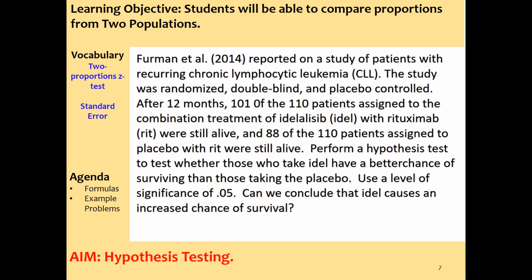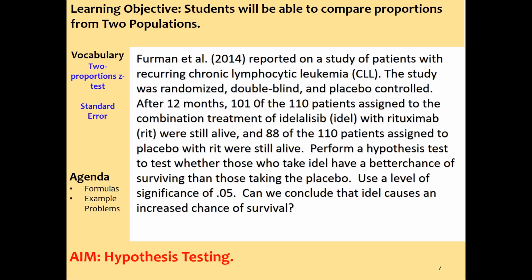So after 12 months, 101 of the 110 patients assigned the combination treatment of ideal were still alive, and 88 of the 110 patients assigned to placebo with RIT were still alive. Perform a hypothesis test to test whether those who take ideal have a better chance of surviving than those taking the placebo. Use a level of significance of 0.05.